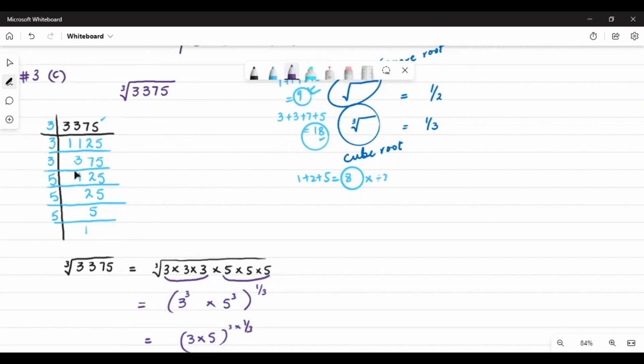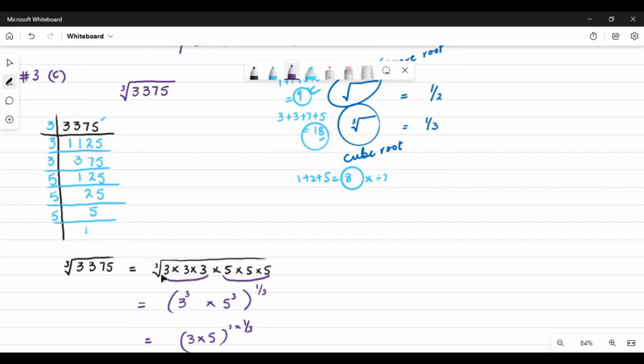First of all, do the prime factorization, and you have to do it only by using prime numbers. We have done all the prime factorization, and we get the factors 3 and 5. 3 is coming 3 times, so we can write it as 3 raised to power 3. 5 is also coming 3 times, so it will be 5 raised to power 3.